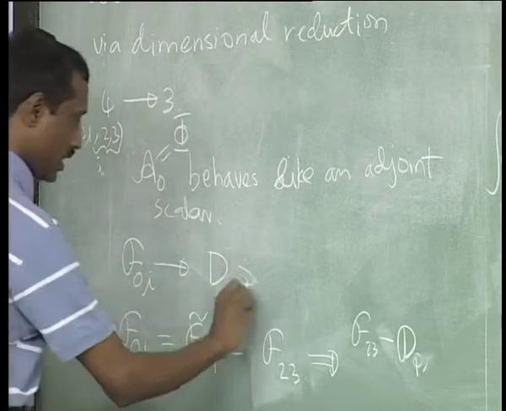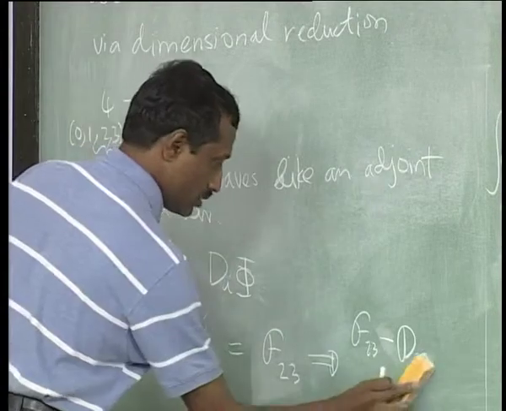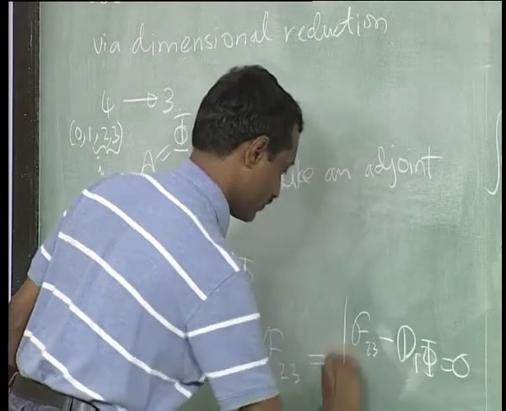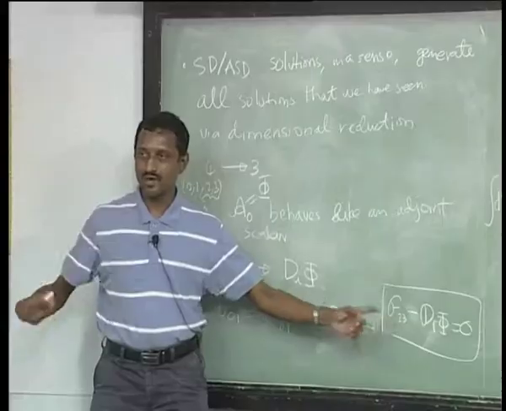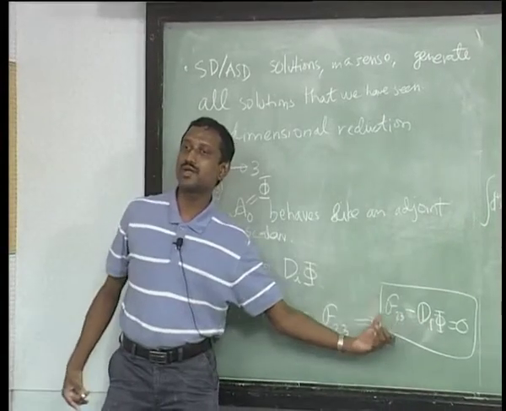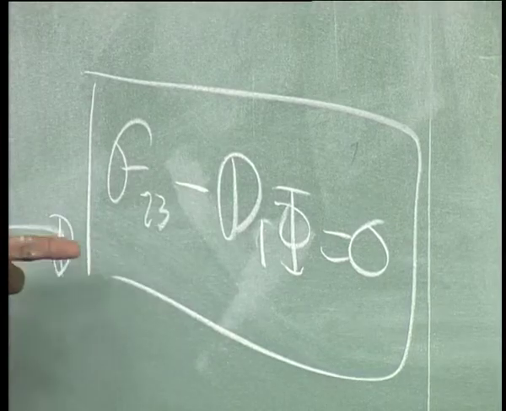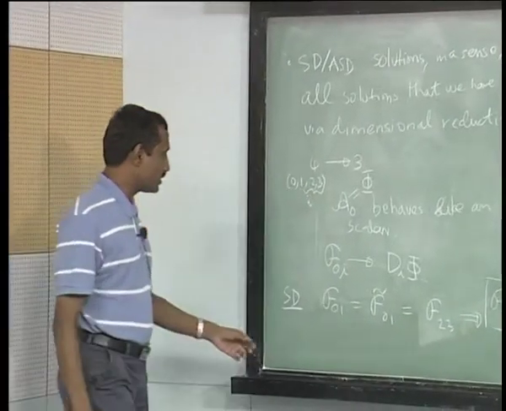So, it just becomes D1 of phi equal to 0, terribly sorry. Okay. So, this would be the B field, the analog of the B. So, this is the equation, if you remember, which in the Bogomolny limit, this is exactly what we got. Okay. Now, it gets more interesting.